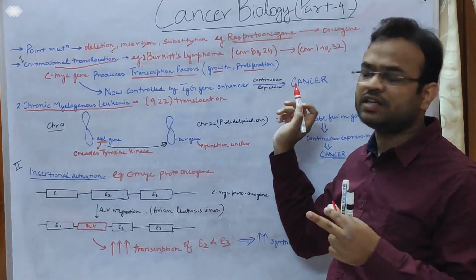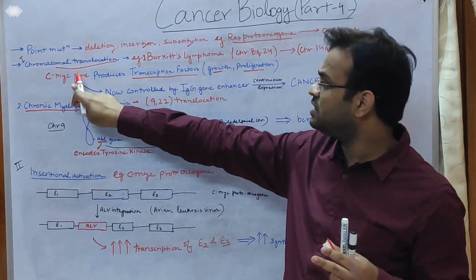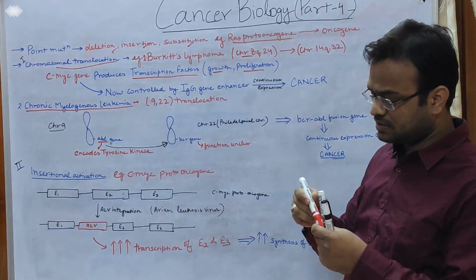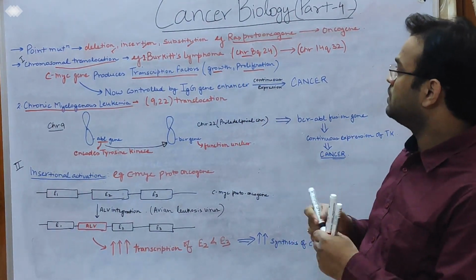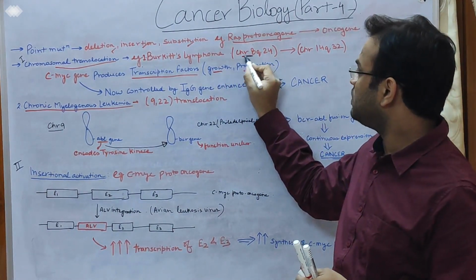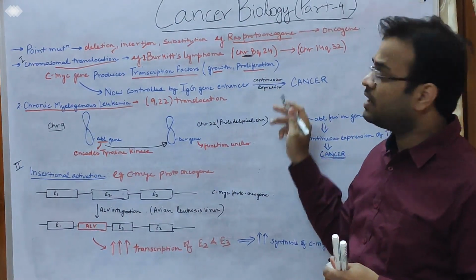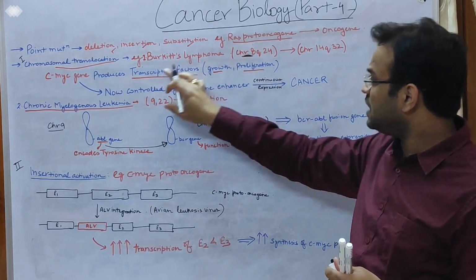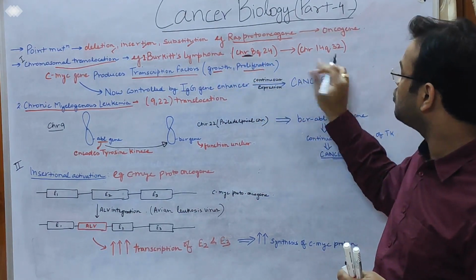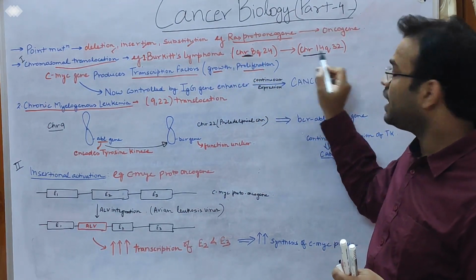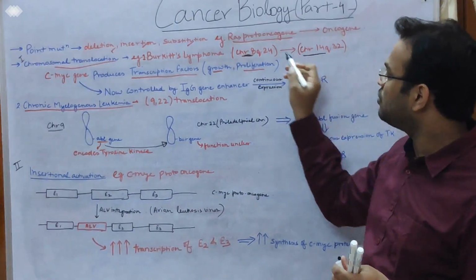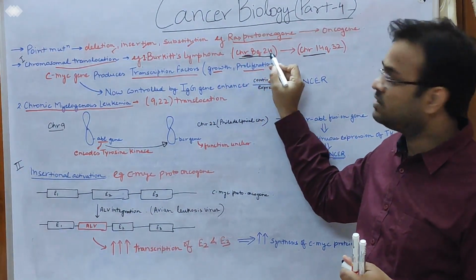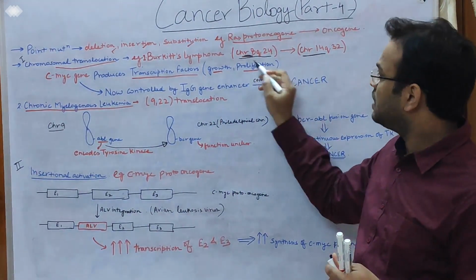Chromosomal translocation takes place. This c-MYC gene is present on chromosome number 8. Okay, and after chromosomal translocation, this c-MYC gene is moved to chromosome number 14. I hope that you all might be knowing how to read or how to understand this address. This is the address of a gene.